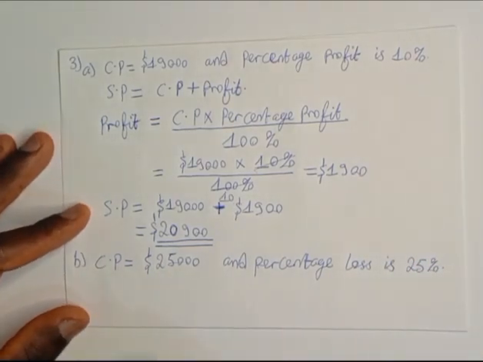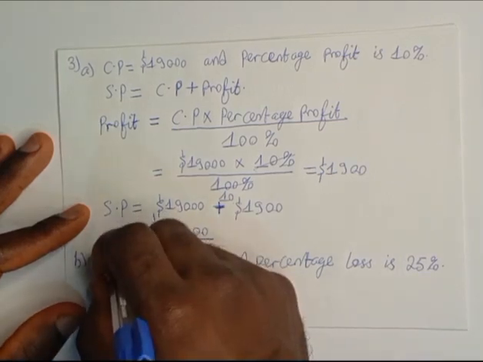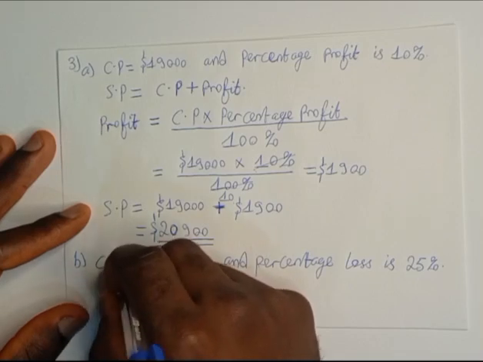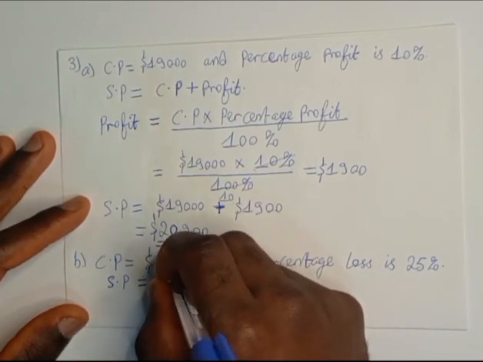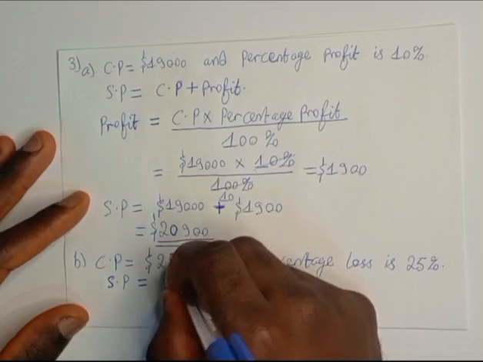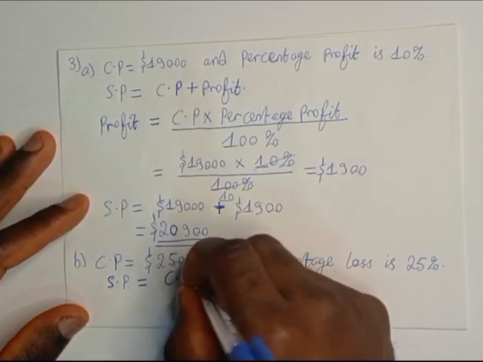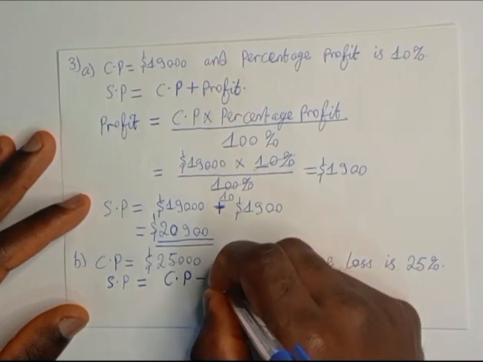We have to find the selling price of the item. When a loss is made, the selling price of the item will simply be equal to the cost price of the item minus the loss.